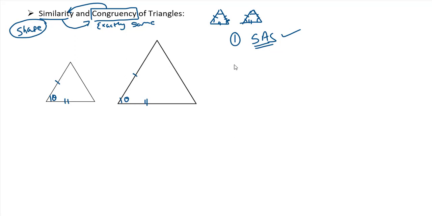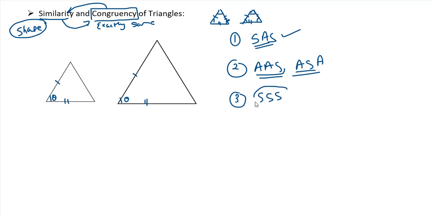Second rule for congruency is AAS or ASA. If we are able to prove that any two angles and one of the side is equal, then the triangles are similar. Then the third is side, side, side. That means if we prove that all the three sides of two triangles are equal, then it is sufficient to say that both the triangles are congruent as well as similar.